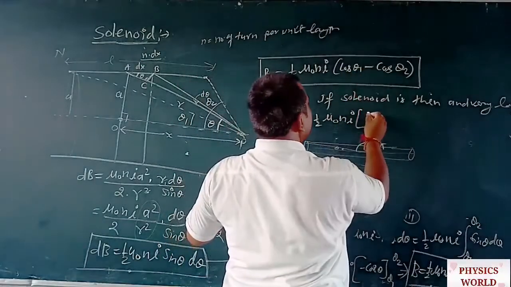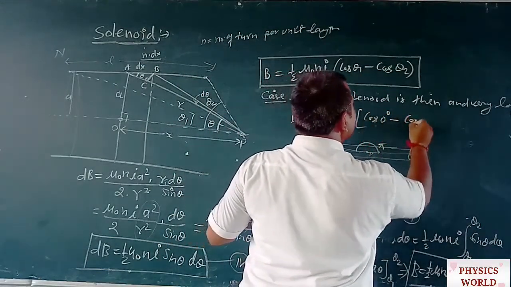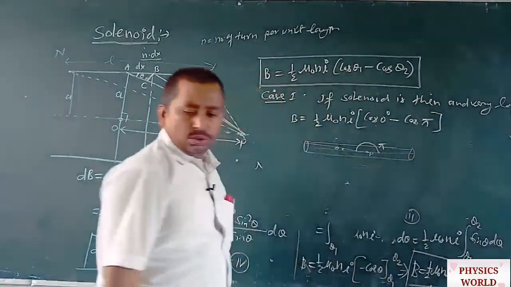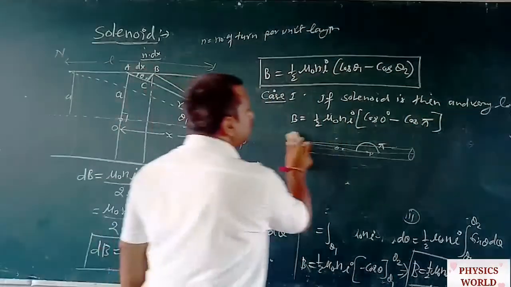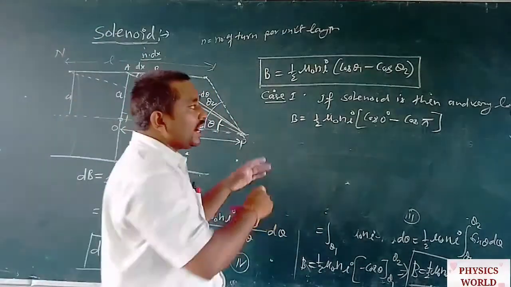So we can put cos theta 1 as cos of 0 degree and cos of pi for theta 2. So what will be the value of the magnetic field inside a solenoid which is very thin and very long?